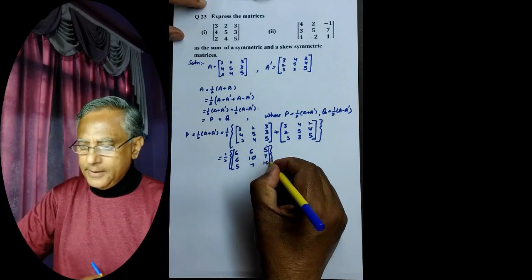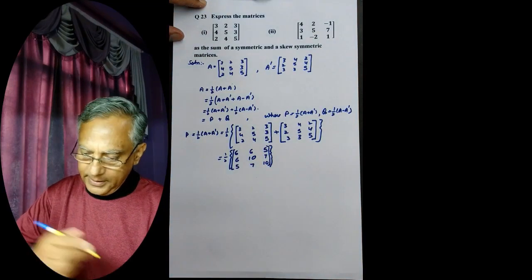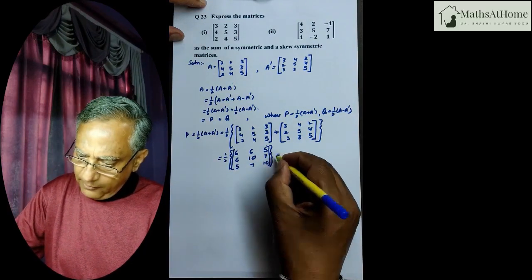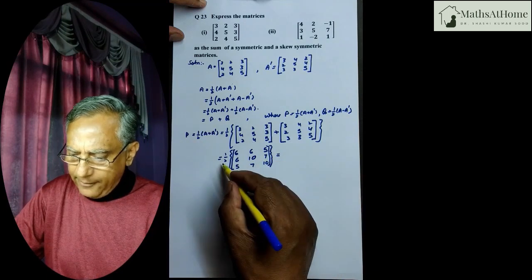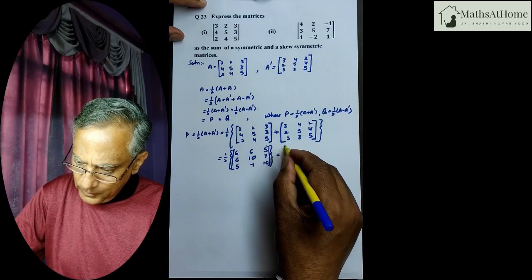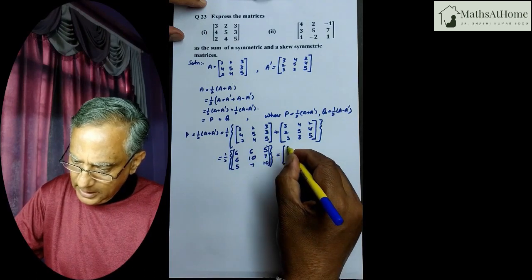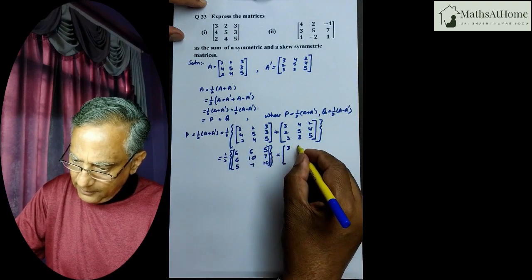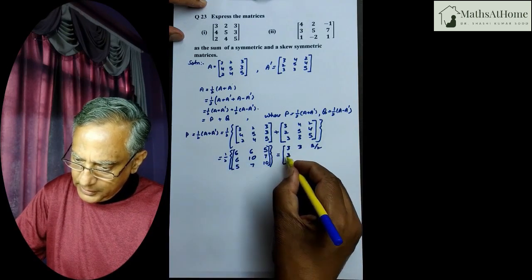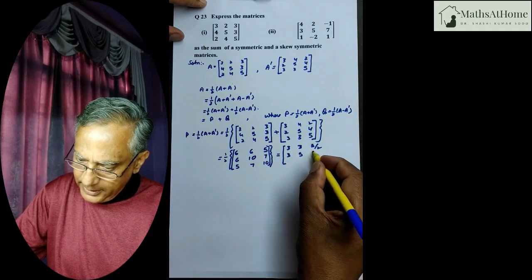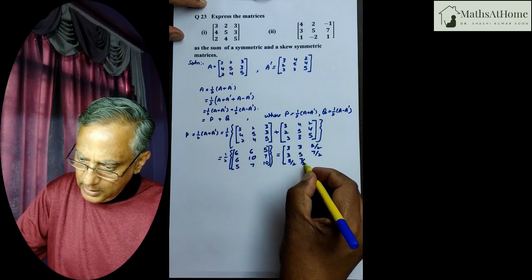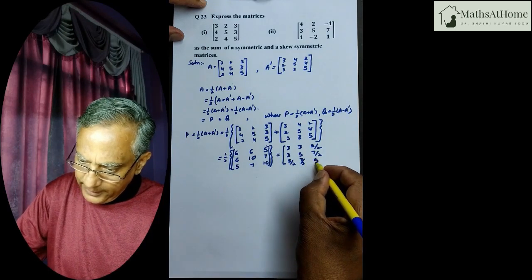So we get this matrix, and this can be written as half of this. Multiply each and every entry of this matrix by half. So what we get is, this is 3, half of this is 3, half of 5 is 5 by 2, half of this is 3, half of this is 5, 7 by 2, 5 by 2, 7 by 2, and 10 by 2 is 5.